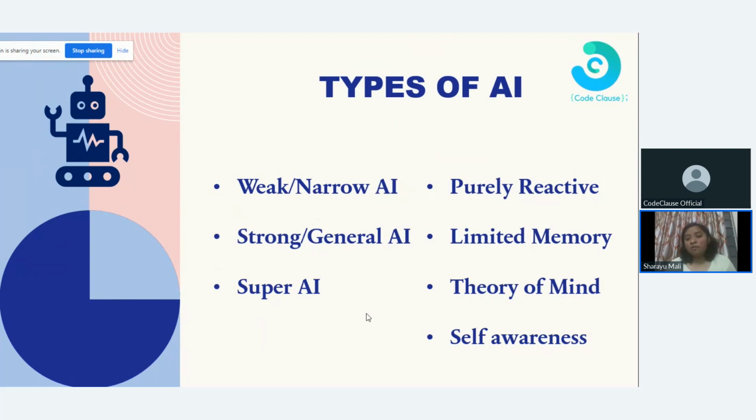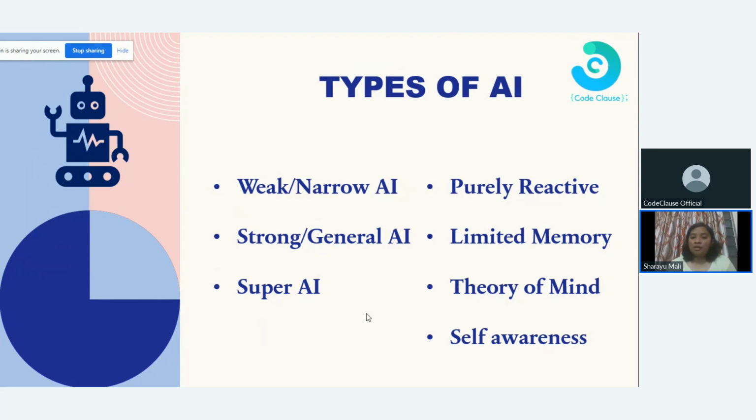Based on functionalities, there are four types of AI. First is purely reactive. This type of AI uses only the present knowledge that it has to solve the problem. It does not have a pre-trained database and does not consider past actions to decide its future action.